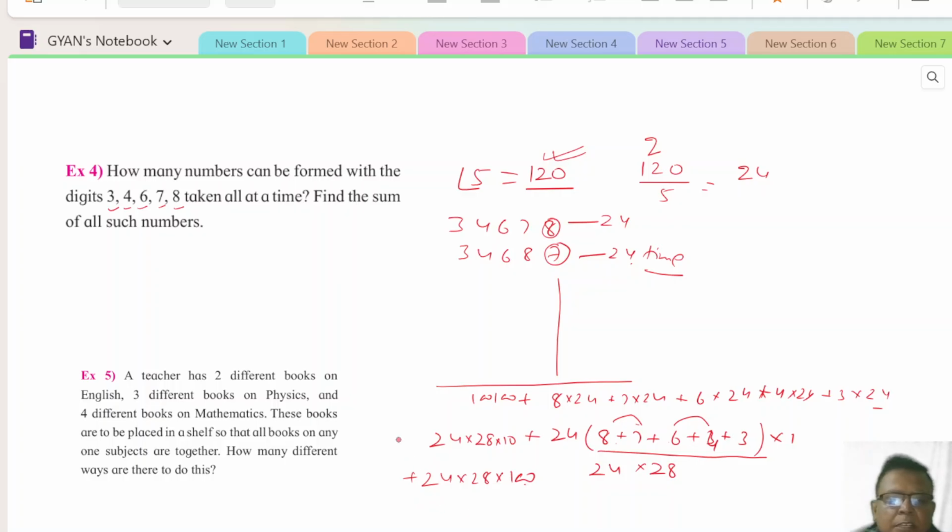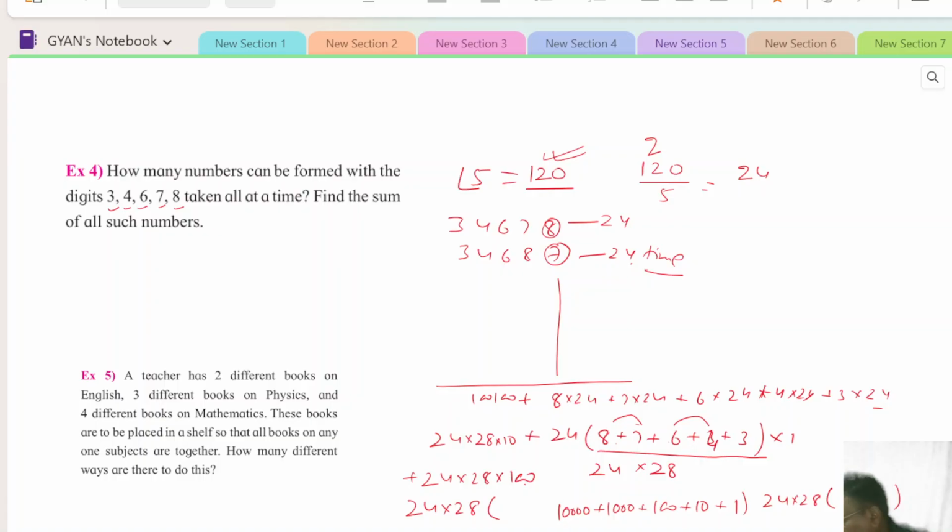So ultimately, if you add all those, what will happen? 24 into 28, and it will start 1 plus 10 plus 100 plus 1000 plus 10,000. So this will ultimately be 24 into 28 into 11111.